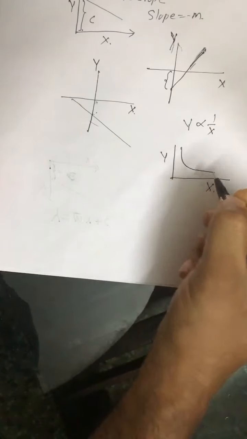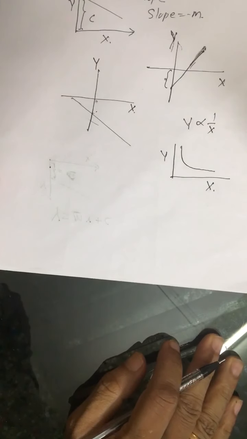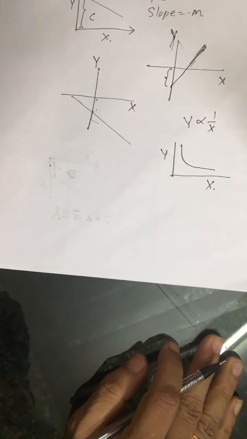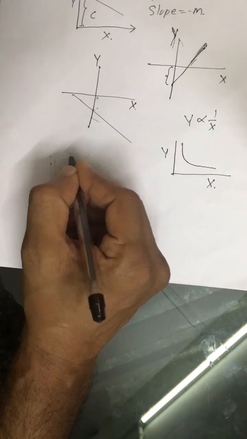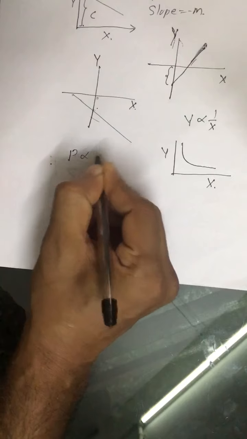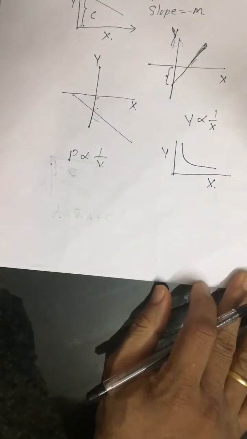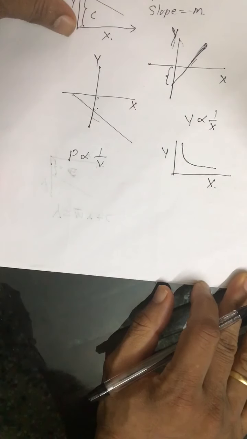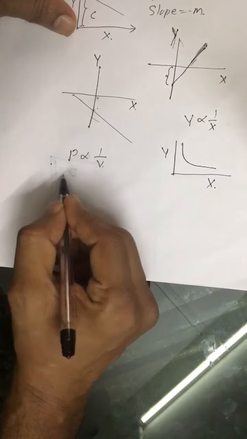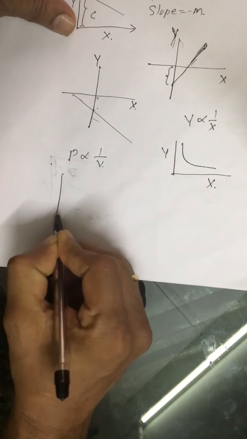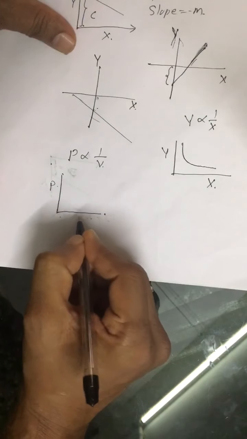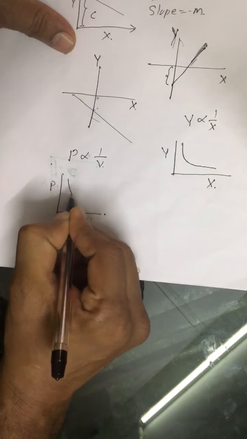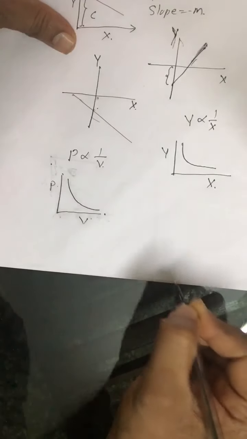Like in Boyle's law, you will find an application of this, where pressure is inversely proportional to volume. So if you draw a graph between pressure and volume, you will get this kind of graph in Boyle's law.